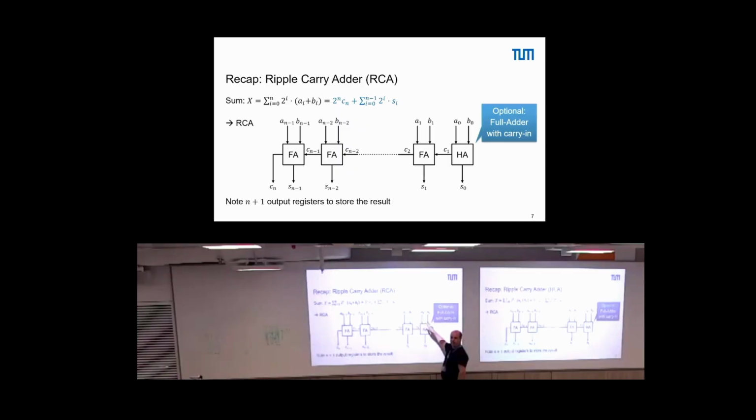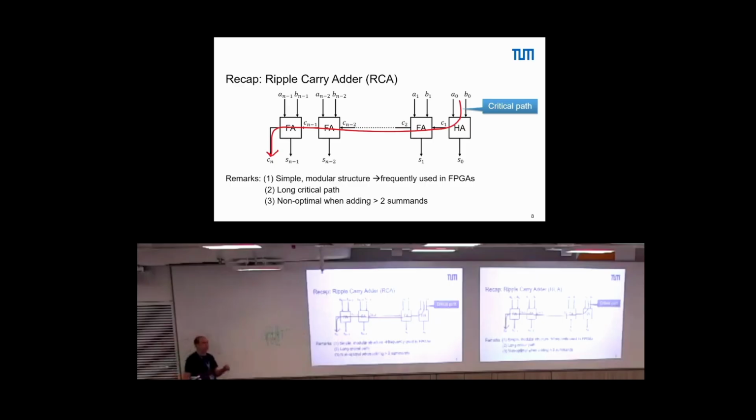What happens is that this generates a carry. The carry triggers that here a carry is generated, because before, 1 and 0 gives a 0, so there is no carry. If 1 comes in here, a carry is triggered, and so on and so forth, and this carry has to propagate till the very left. So the critical path for this ripple carry adder becomes very long, and that's the main drawback.